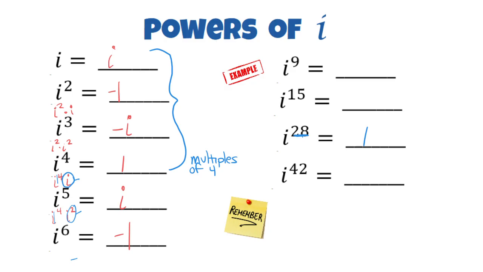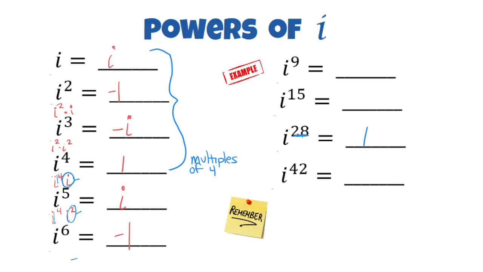But the others are not multiples of 4. So you have to look at them in reference to a multiple of 4 that it's close to. For instance, i to the 9th would just be 1 past i to the 8th. And i to the 8th is a multiple of 4. So if it's 1 past it, it's going to start over, and it's going to be up here at an i.